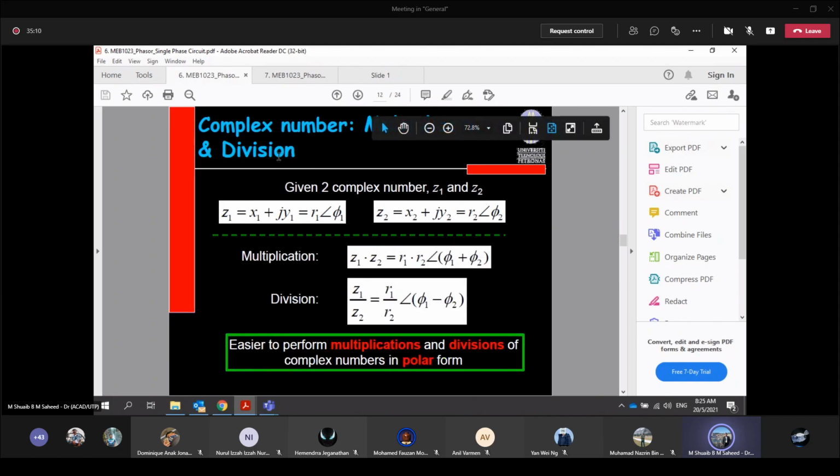As for multiplication and division, it will be easier if you do these two tasks in the polar form.